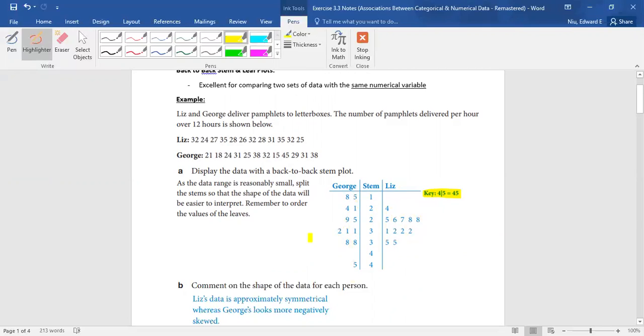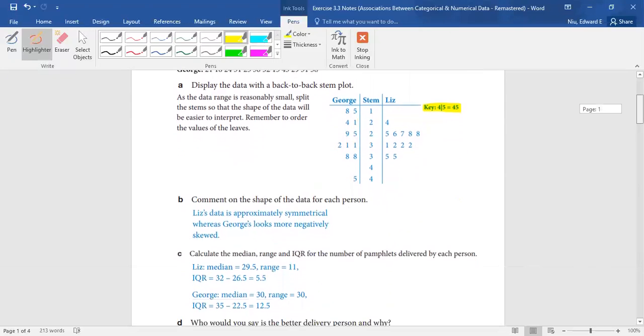Otherwise, if you've ordered it correctly and you've interpreted the key, you're on your way. Just make sure you don't read it back to front. So for George, this here isn't 851 or 51. This is 15, 18, 21, 24, 25, 29, so on and so forth.